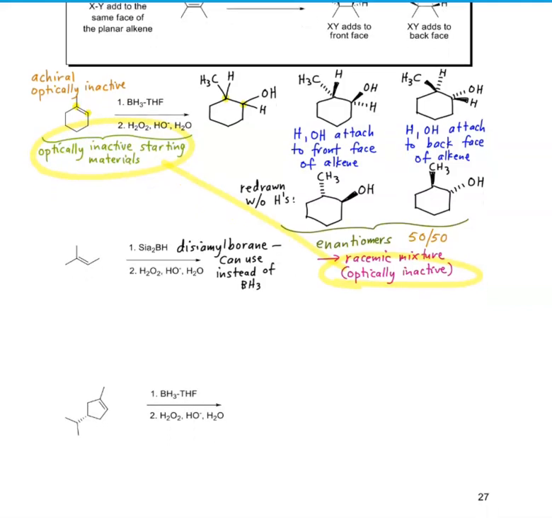Okay, let's assess again. Now, sometimes what you might want to do is draw in your H's, like so. So draw in missing H's, we're going to need that a little bit later. What we find when we assess these starting materials, though, is that once again, all of them are achiral, and thus all are optically inactive.